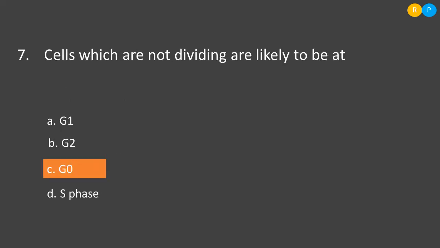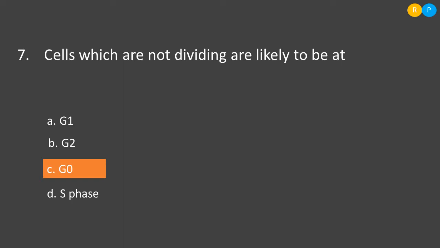Our seventh question is, the cells which are not dividing are likely to be at. In the cell cycle, there are different phases: G1, S phase, G2 phase and M phase. These are the phases seen in a normal cell when it is repeatedly undergoing cell division.